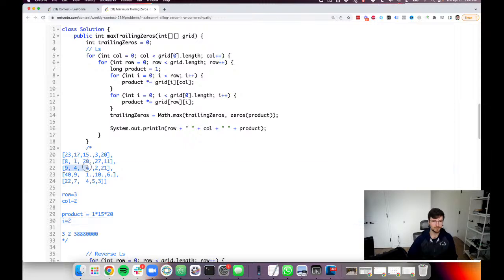So I get 2, 2, which is this, so times 6. Now i is going to be equal to 3, which is equal to row, so we break out. Now we come down here. i is going to be equal to 0 again.